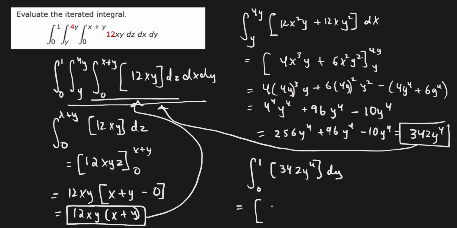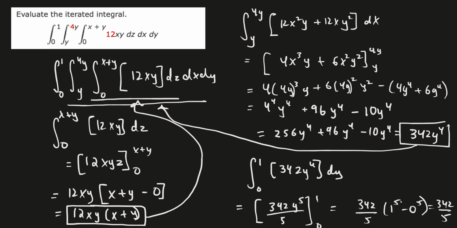You end up getting 342 y to the 5th over 5, from 0 to 1, which is just 342 over 5 times 1 to the 5th minus 0 to the 5th, which is 342 over 5. That's exactly 68.4 if you want it in decimal format, but you can keep it as 342 over 5.